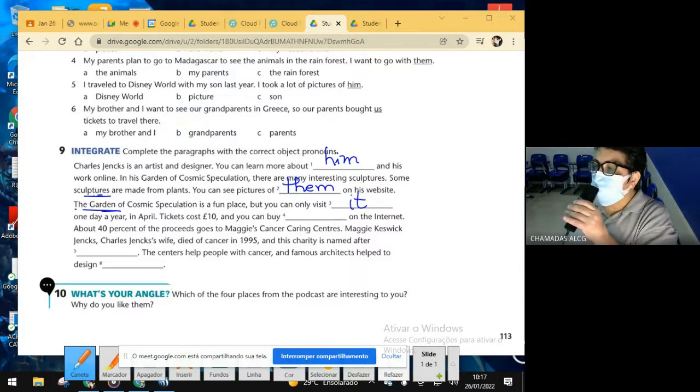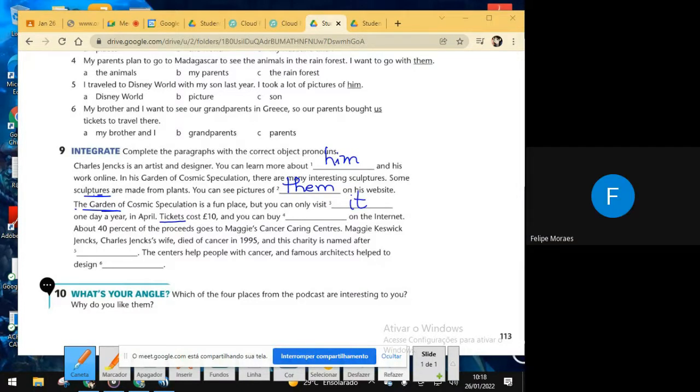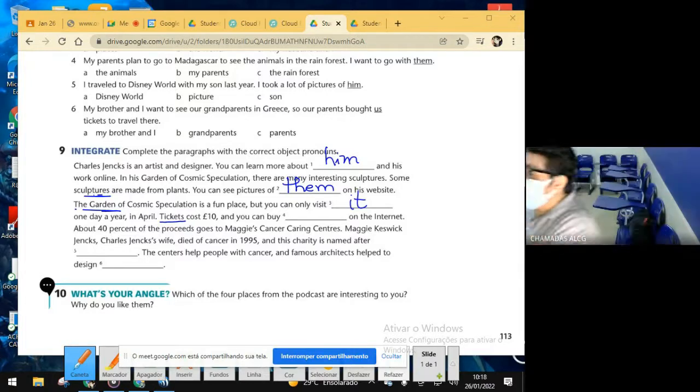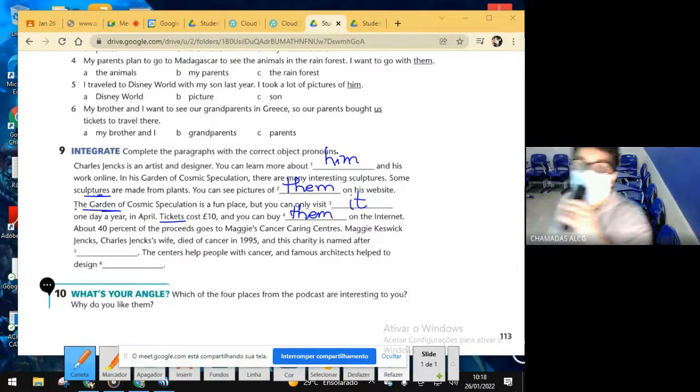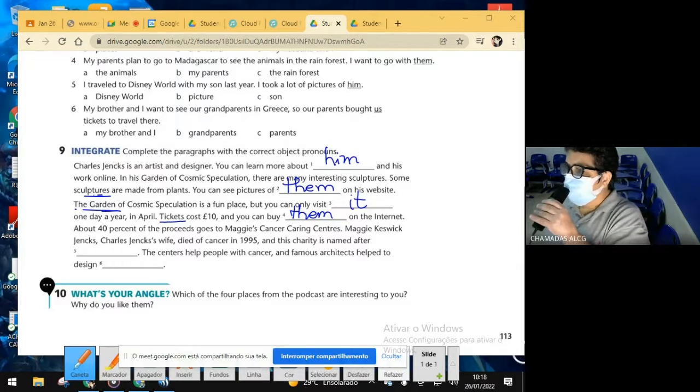Tickets cost £10. And you can buy them. Okay, it's plural. You have to see if it's plural or singular. You can buy them on the internet.